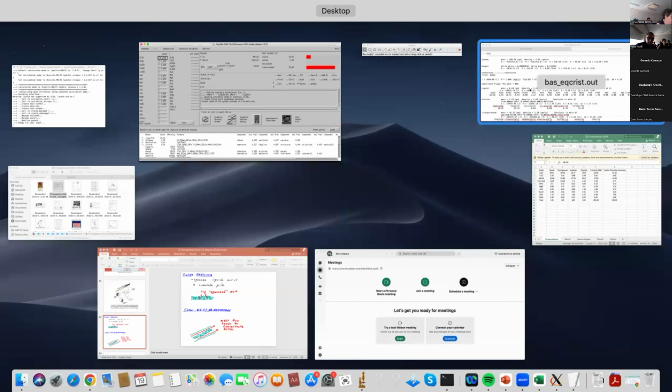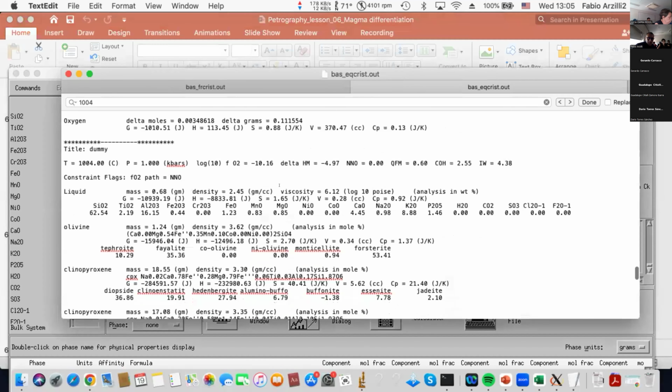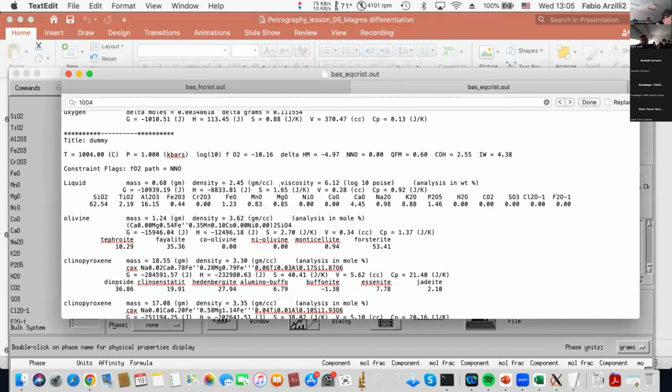So if someone, for example, wants to do a model where you have to recharge your magmatic chamber, the idea would be to do one simulation, get the residual liquid, add some of the previous initial composition, and rerun again. This will be a sort of approximation of recharge.